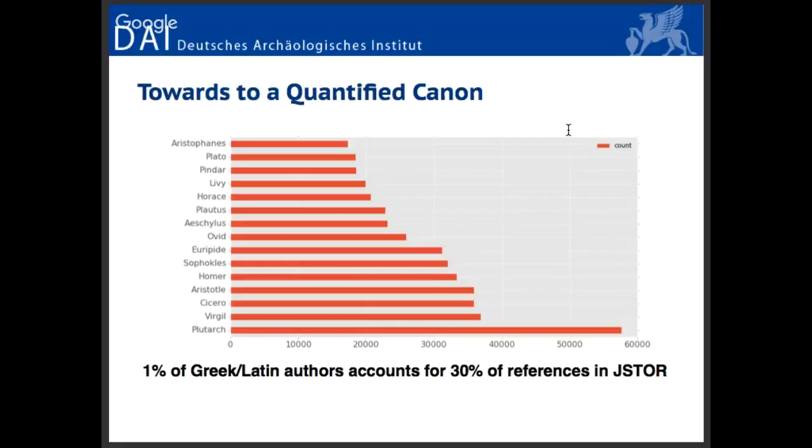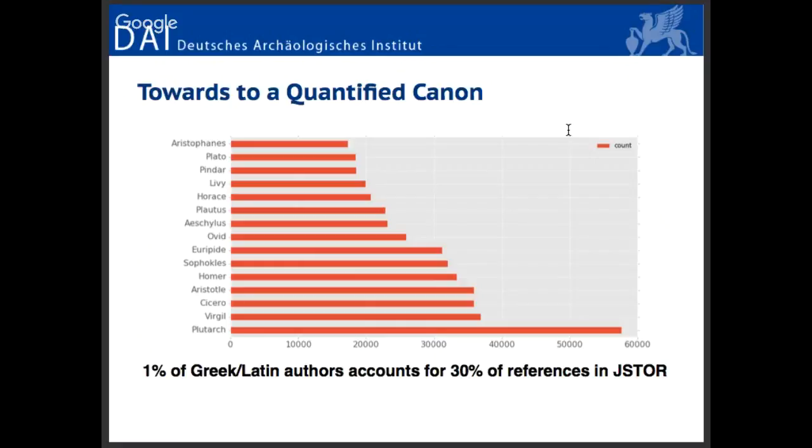What you get at the end, apart from the Plutarch anomaly, is basically that the two lists overlap. The only difference is that Scheidel also has the New and Old Testament, which I'm not considering. But apart from that, that's the first sign that the two approaches, at least for the canon, the quantified canon, as I like to call it, overlap. So this approach kind of works.